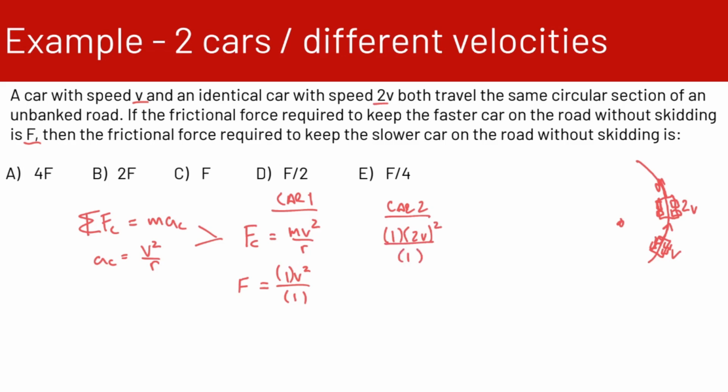So 2v squared gives us 1 times 4v squared over 1. The force now is 4 times F, because this half of the equation is 4 times greater than this half of the equation. So F is 4 times greater. The answer is A.